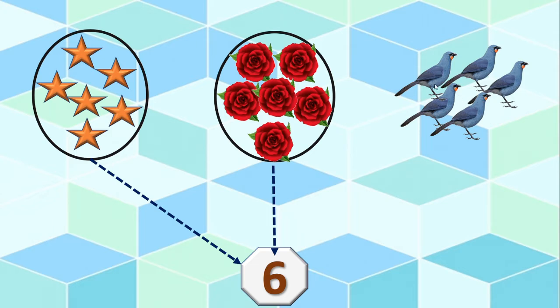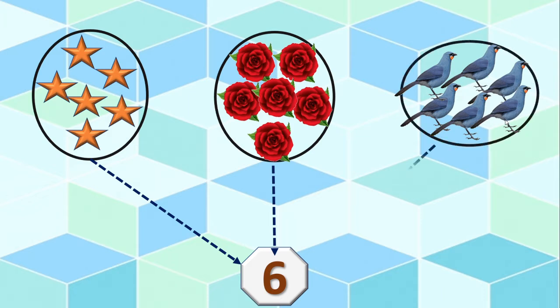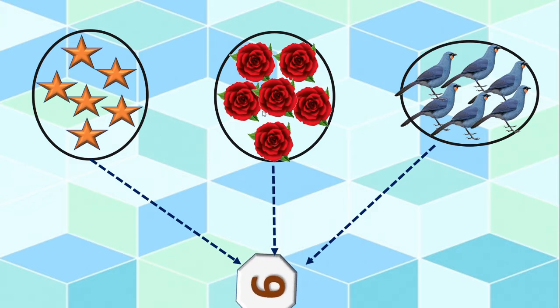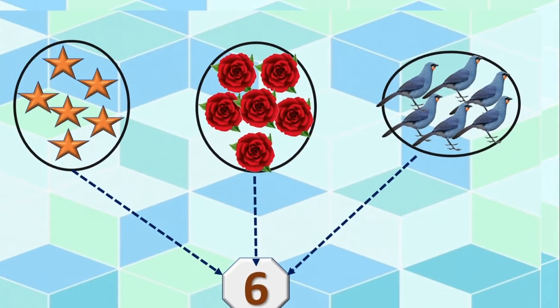Here we can see 1, 2, 3, 4, 5 and one more, that is 6 birds. Okay, altogether they became 6. So how many stars, how many roses and how many birds are there? They are all in 6 numbers. Got this?